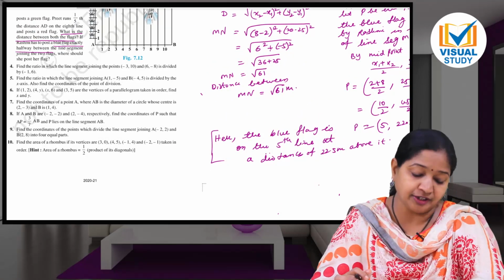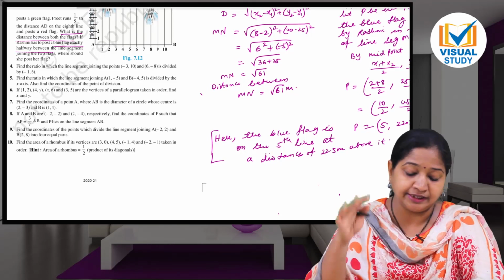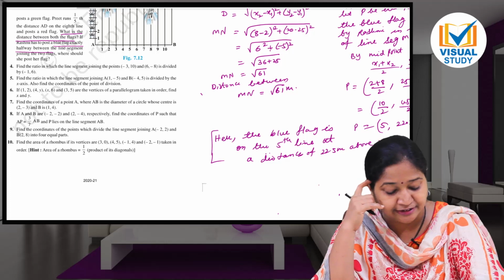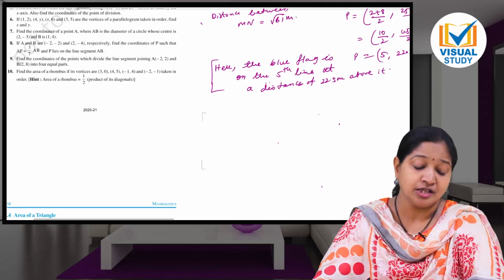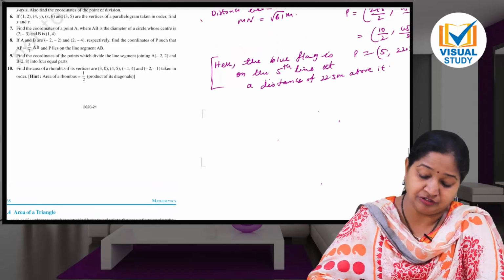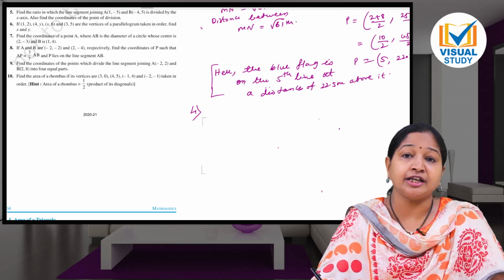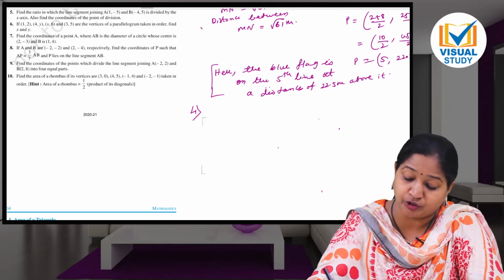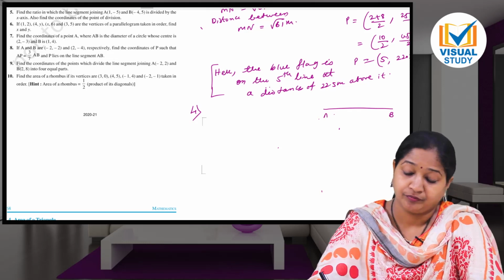Now, fourth one: find the ratio in which the line segment joining the points (minus 3, 10) and (6, minus 8) is divided by the point. Now they have told us to find out the ratio. So this is your line segment, that is AB.